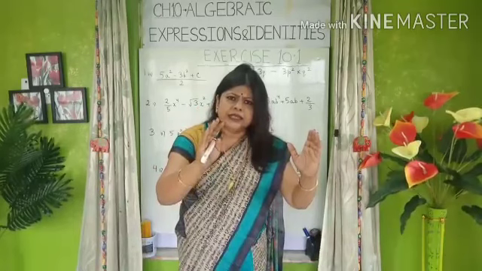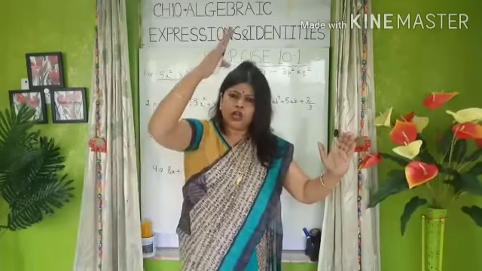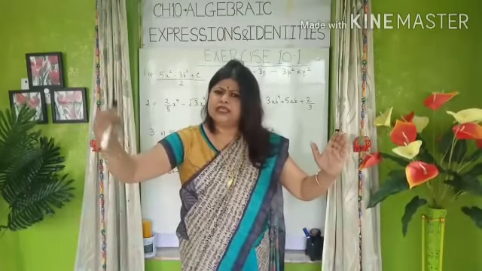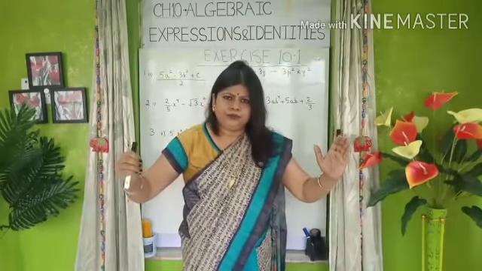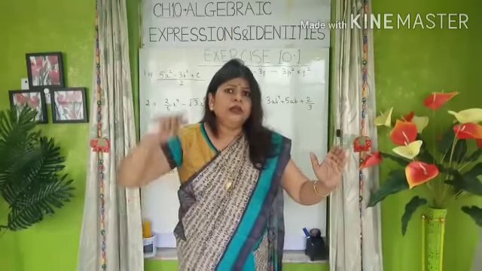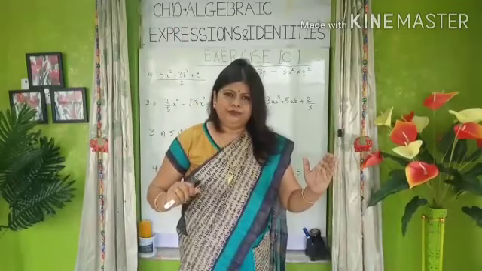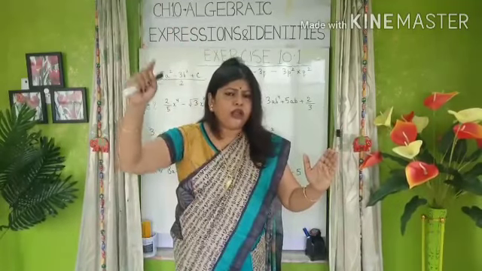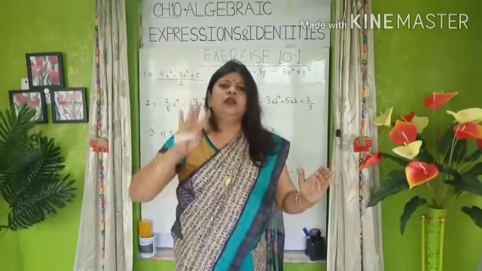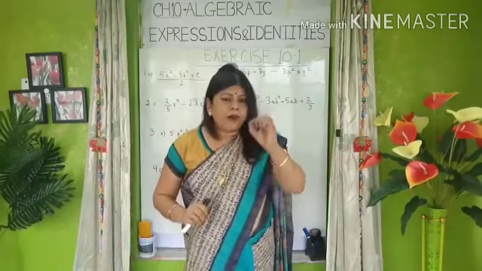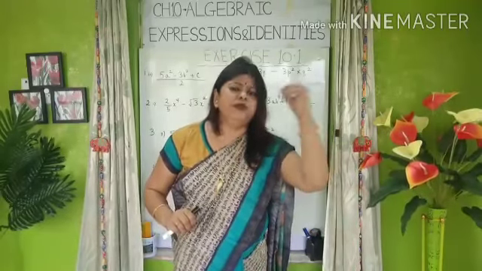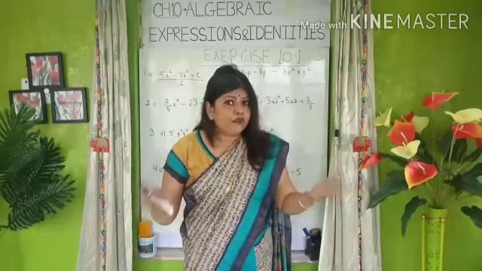Polynomial exists in two forms. Polynomial in one variable, like 7x to the power 4 plus x square. So the variable is x. What is the degree of the polynomial? The highest power. So it was 7x to the power 4 plus x square. Then the degree of the polynomial is 4. But if the polynomial is in more than one variable, then what will we do?